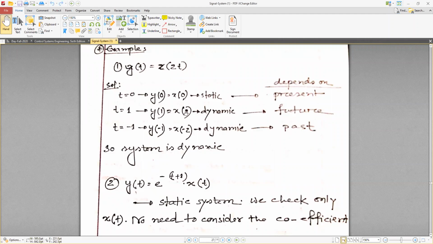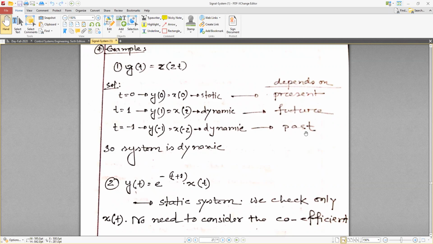It is dynamic because it is a future value. It depends on the future value of the input. And if I put t equal to minus 1, it is x of minus 2. That means it is dynamic. It depends on the past value. This is dynamic.